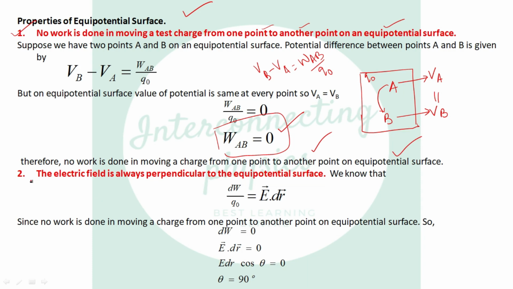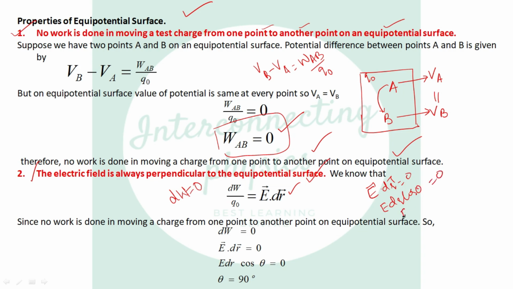Number 2, the electric field is always perpendicular to the equipotential surface. For this we have to use the relation dW over Q naught equals E dot dr. Now you know from the first property that the work done in moving a test charge from one point to another is 0. So it means E dot dr will be 0. Now open this up, we get E dr cos theta.